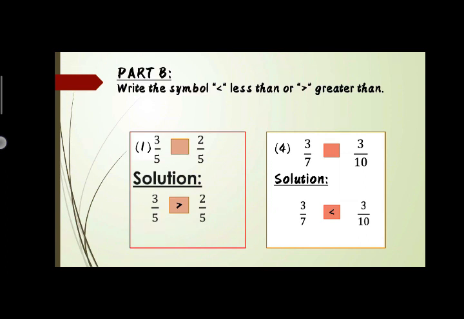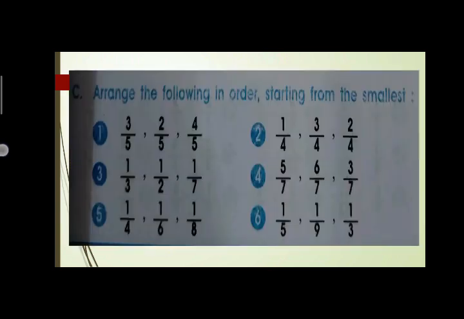It is quite easy, you have to identify which one is the smaller. On the basis of the size of the part, 3 upon 7 is bigger than 3 upon 10. That's why we say 3 upon 7 is greater than 3 upon 10.